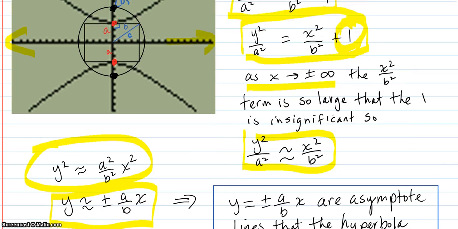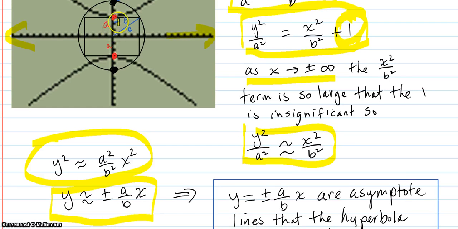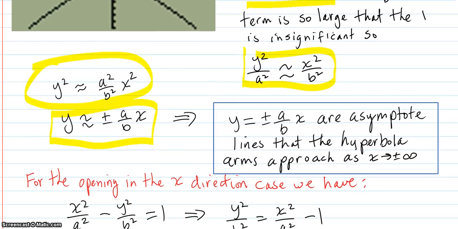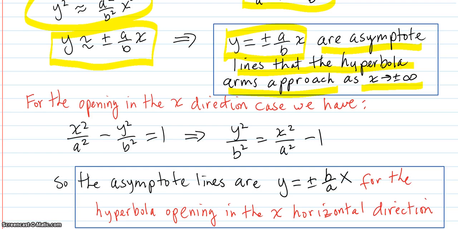And you can see there's an a and a b here, so something's going on with the slope there, a over b. So anyway, y equals plus or minus a over b x are the asymptote lines that the hyperbola arms approach as x goes to plus or minus infinity.